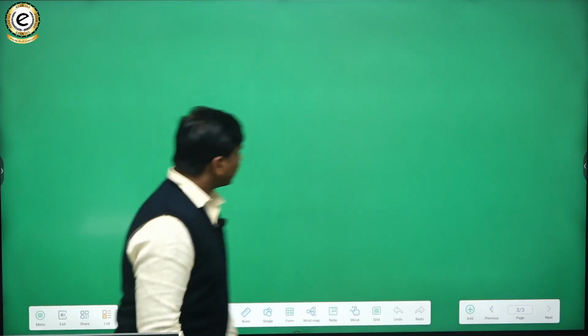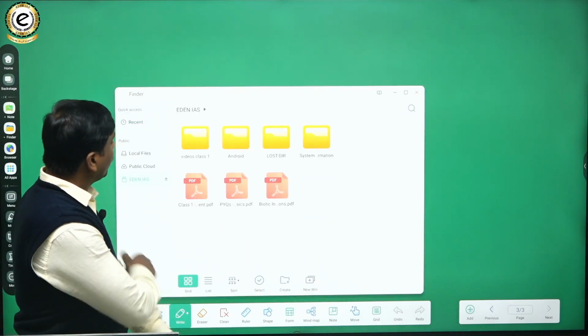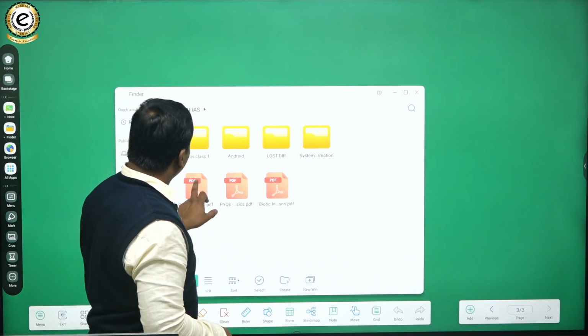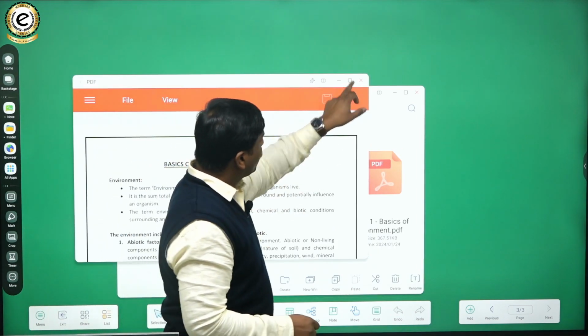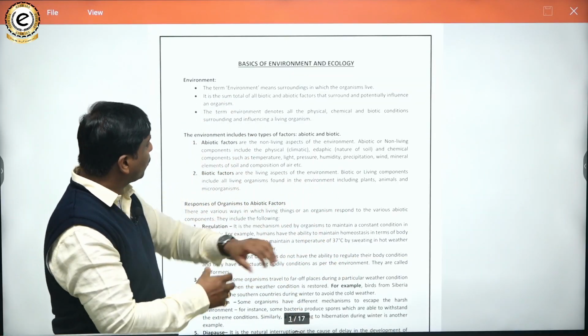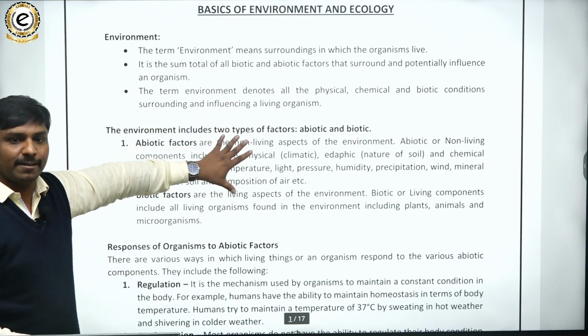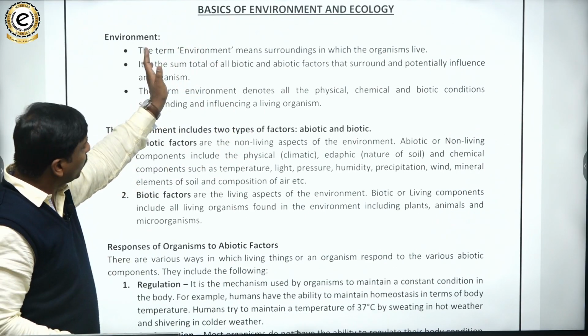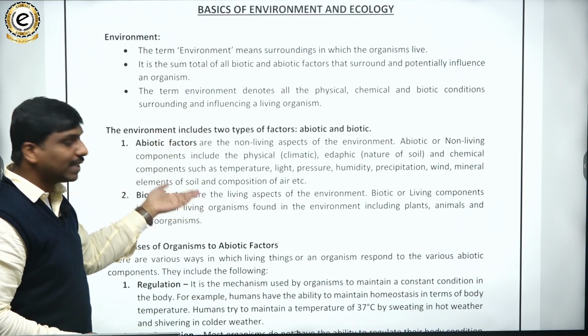You can have a look even in the documents that would be circulated to you. There you will have basic things listed, so even if you do not write anything, you will have things written here. Things would be summarized here. What is the definition of environment? You can go through all the definitions. What are the various abiotic factors and biotic factors?